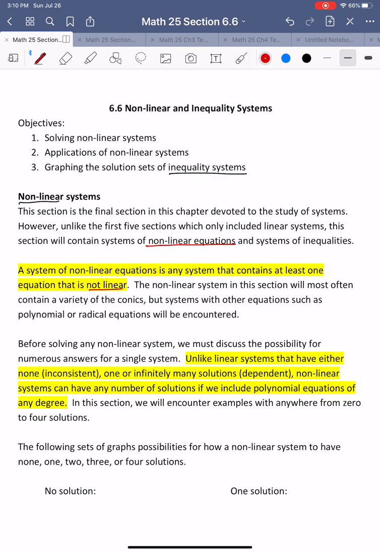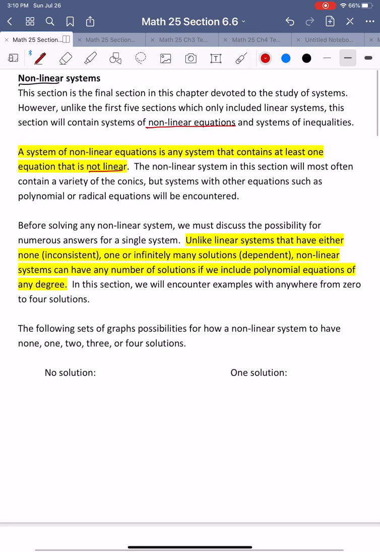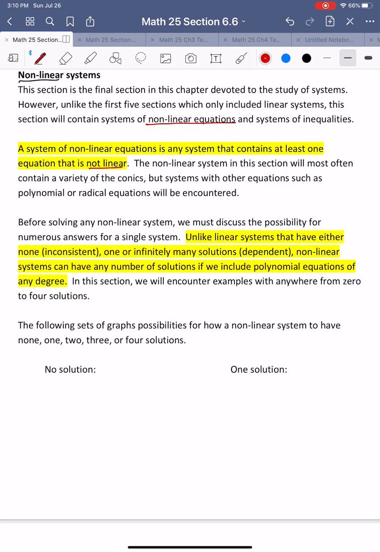Unlike linear systems that have either none (inconsistent), one, or infinitely many solutions (the dependent case), nonlinear systems can have any number of solutions if they include a polynomial equation of any degree. In this section, we will encounter examples with anywhere from 0 to 4 solutions. So we might get 0, 1, 2, 3, or 4.